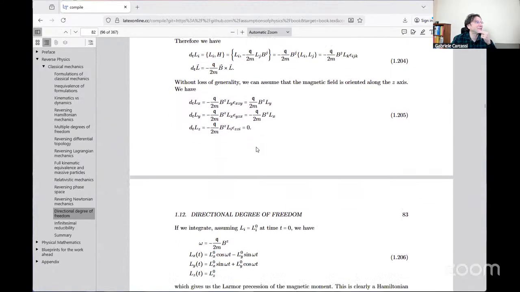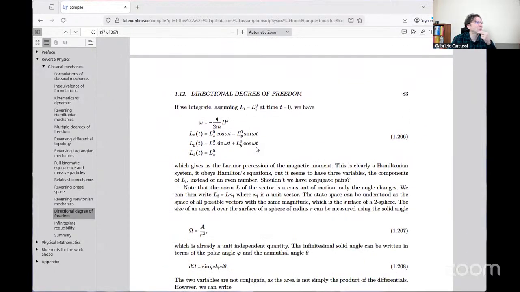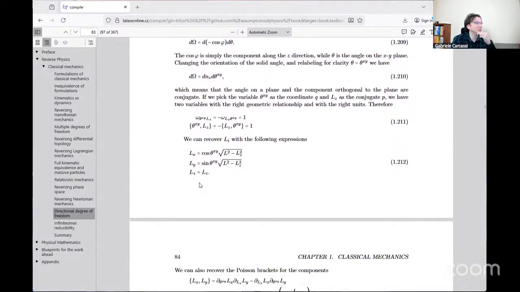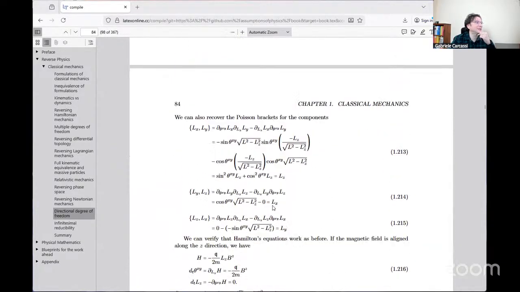And then we can find that we can use the angle and the normal component to the plane of the angle to define a conjugate quantity. So we have two nice things, and that's sort of how it works for magnetic dipoles and angular momentum and so on.